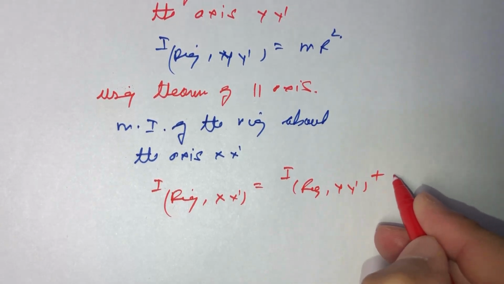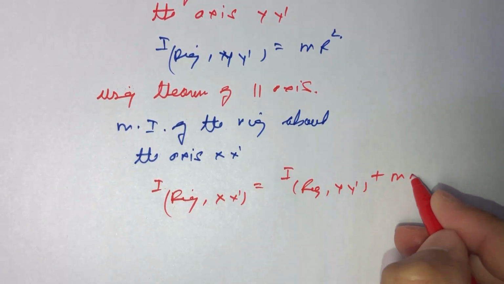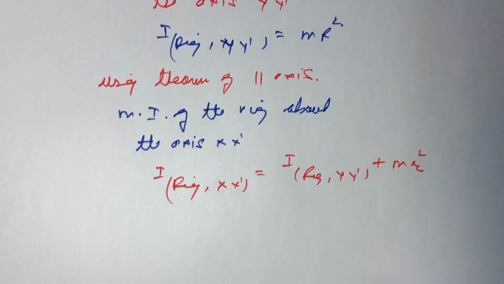Mass is m and the distance from the axis is r, small r, not capital R, so it will be r square.